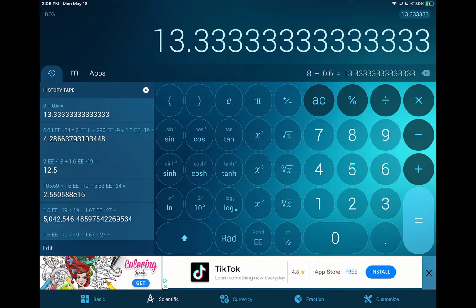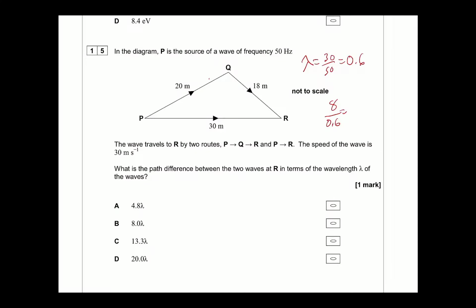I'm embarrassed that I just did that. 13.3 lambdas is the path difference.